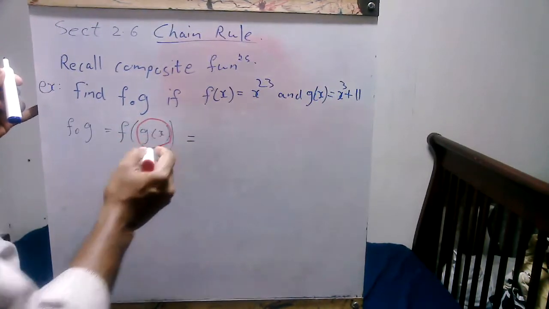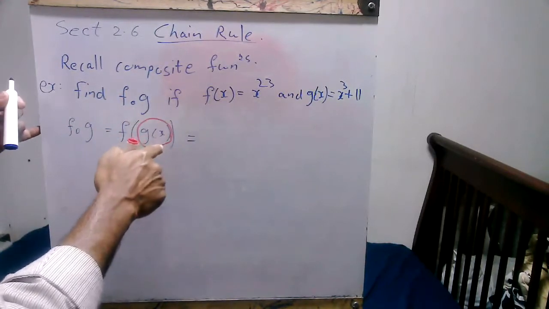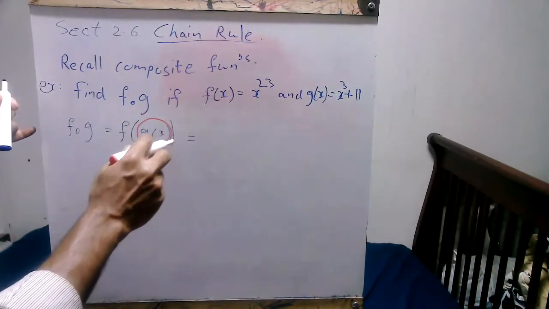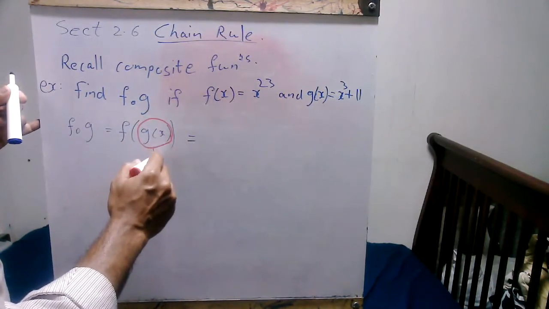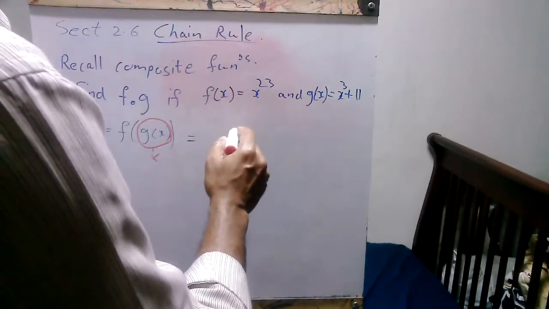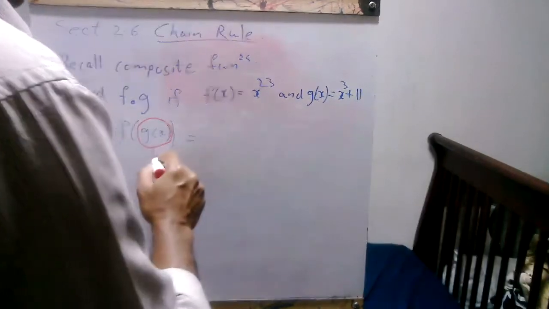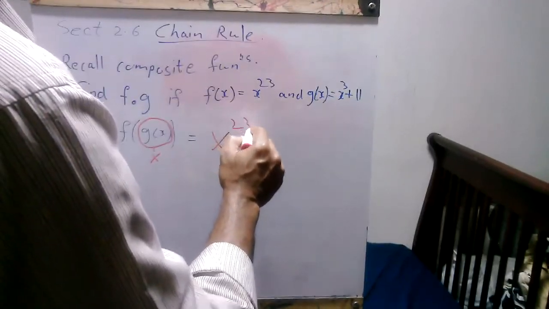I know when we use red it's hard to erase, but I have to use this to make it clear to you guys. If this is x, I use this capital X, X to the power 23.